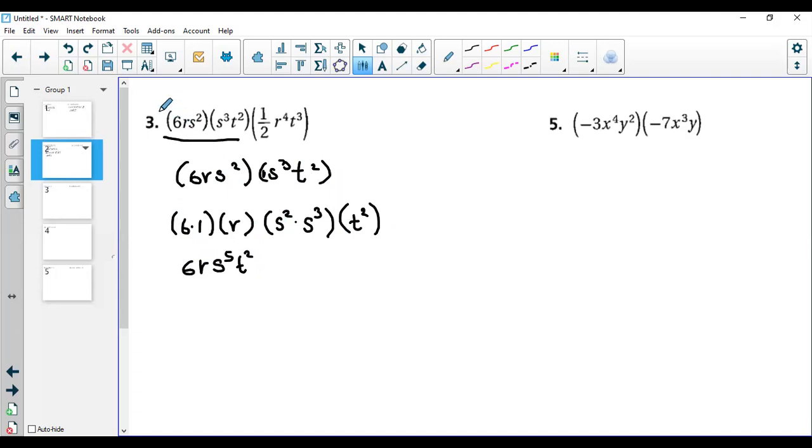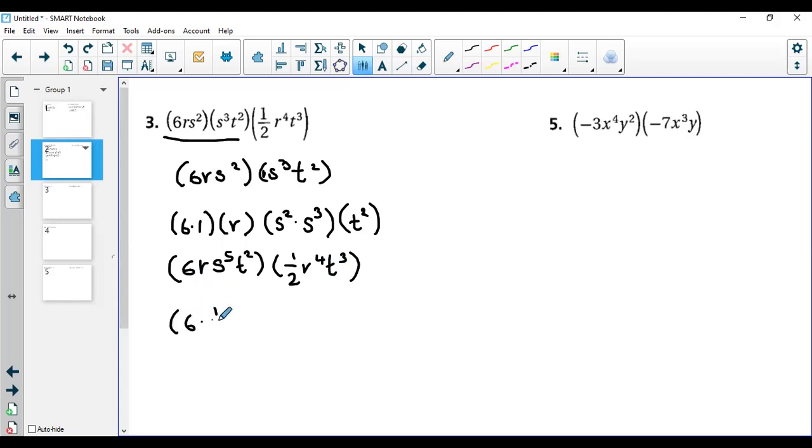Now we have solved the first two, we have multiplied the first two monomials. Now we are going to multiply this with the last one, the one inside the parenthesis. So that's going to be half r to the power of 4 and t to the power of 3. Now, as always, group the numbers first.